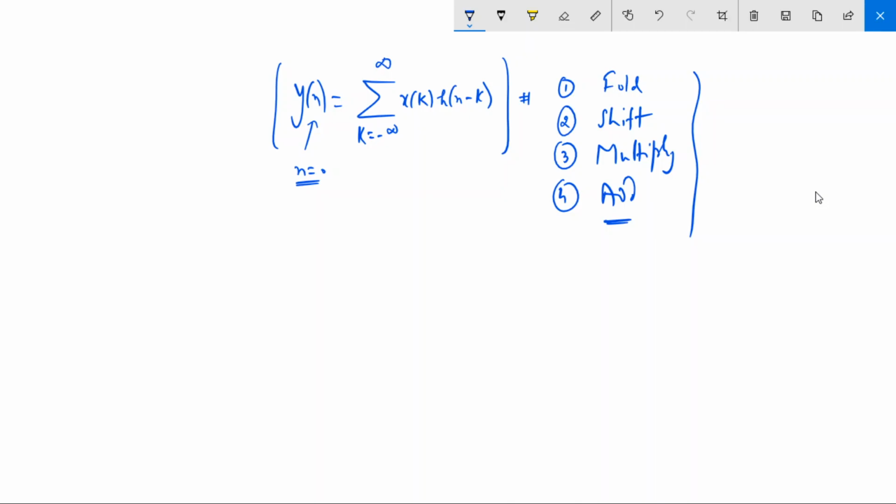Okay, so suppose you are finding y of 2, what will you do? x of k you will keep fixed. h of k you have to first fold it, then you have to shift by 2 to the right.